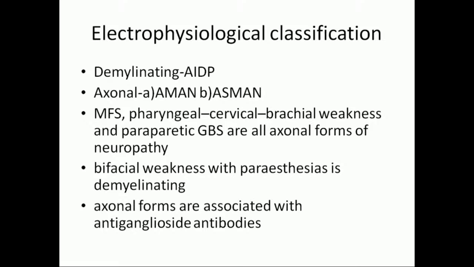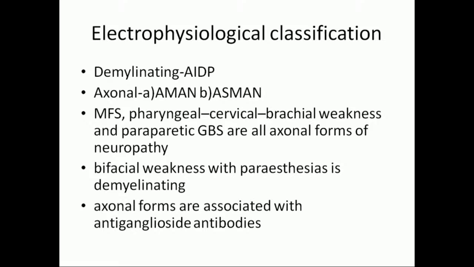So demyelinating is called AIDP, acute inflammatory demyelinating polyneuropathy, and axonal is subdivided into AMAN and AMSAN. AMAN means acute motor axonal neuropathy, and AMSAN is acute sensory motor axonal neuropathy. So demyelinating and axonal, depending upon which part of the neuron is affected.